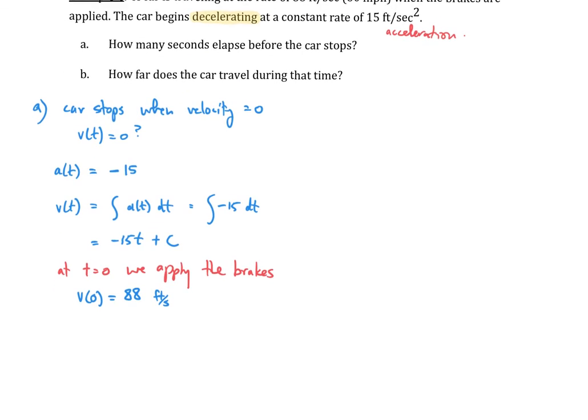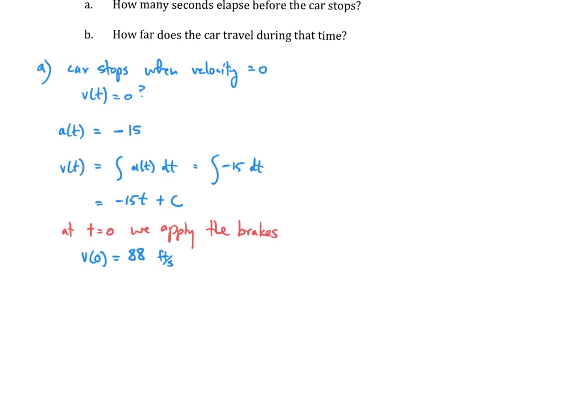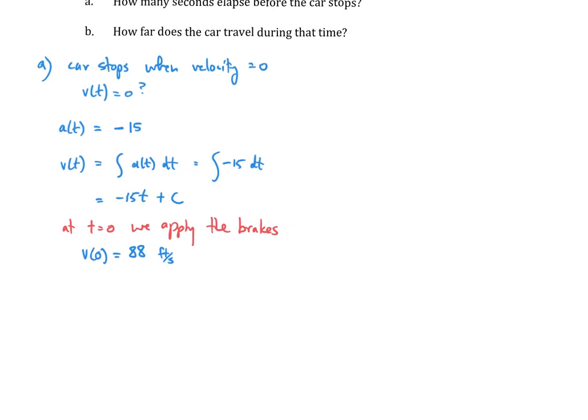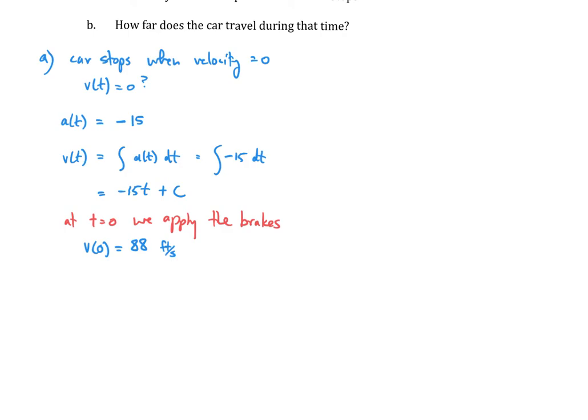So if I wanted to find the velocity function, I could simply solve for c. So I know that v of 0 is equal to negative 15 times 0 plus c, and that's going to be equal to 88.